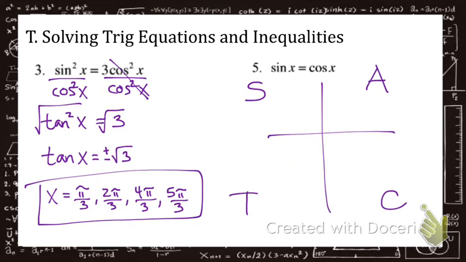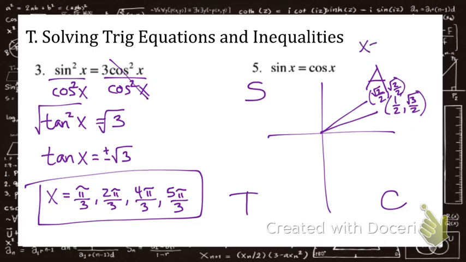Now if you can think of the unit circle, for example, at pi over 6, that's 1/2 comma radical 3 over 2. So obviously they're not equal there. If I think of the next one, pi over 4, that's radical 2 over 2 and radical 2 over 2. And that's the first time that they are equal to each other. So pi over 4 is one of my answers, and then over here in the third quadrant, that same reference angle would be 5 pi over 4.